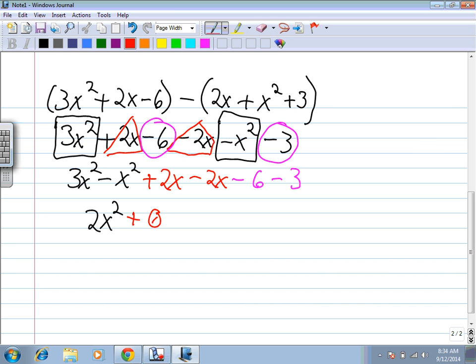Once you know it's 0, you don't have to put it down. I'm putting it down here just so you can see it. And then what's minus 6 minus 3? Negative 9. You folks got your negatives going on now. And so for the final, it's 2x squared minus 9.